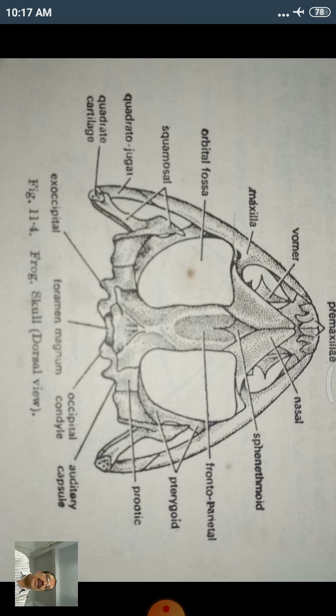In addition to these, vomer, orbital fossa, quadrate cartilage, ex-occipital, auditory capsule, etc.